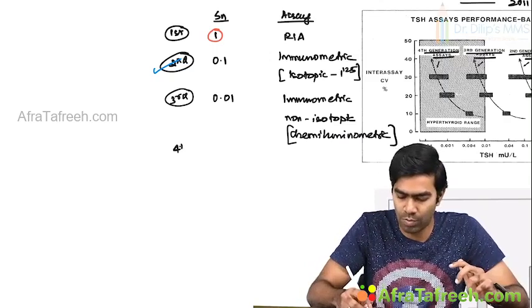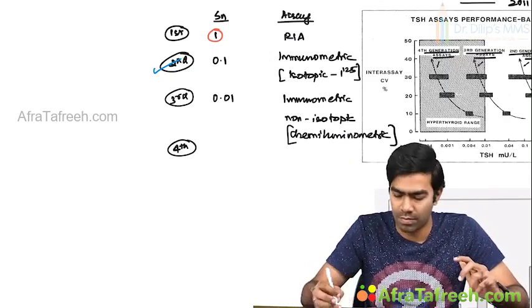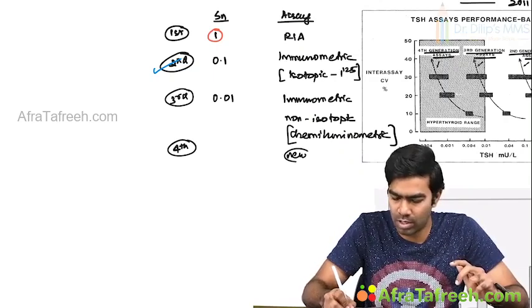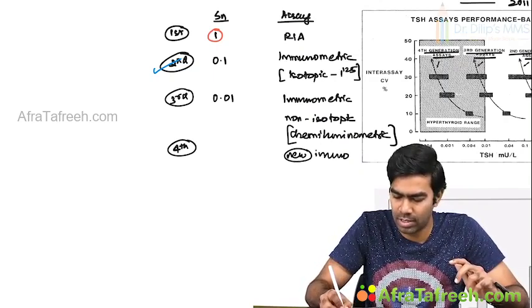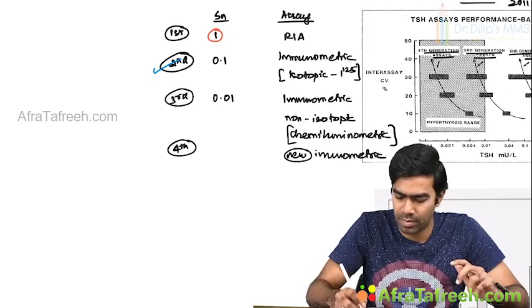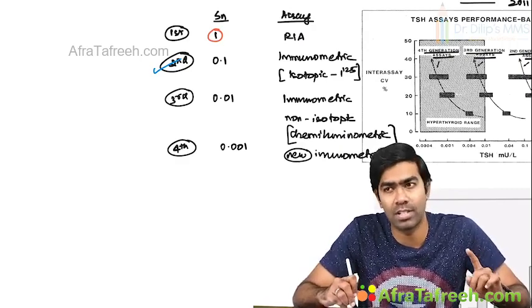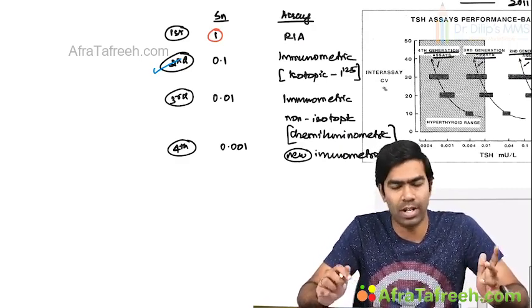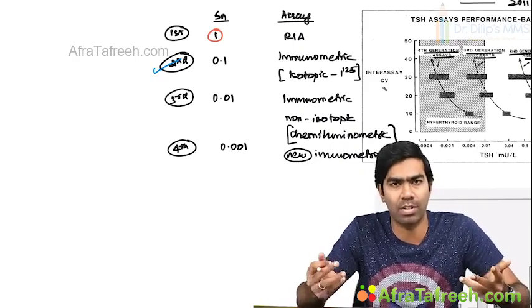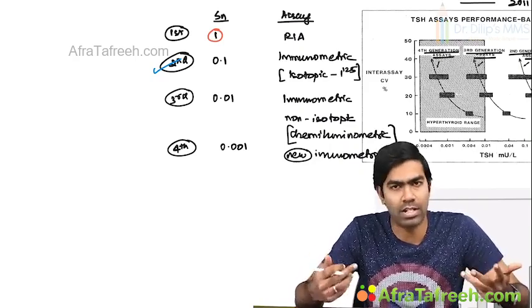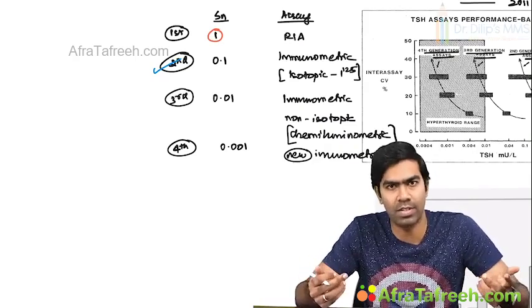Now we have the newer fourth generation assays also, which use modern immunometric techniques, with a much improved sensitivity of just 0.001, which is very helpful in certain conditions like severe hyperthyroidism and thyroid storm. That's the only area where this much sensitivity is very useful.